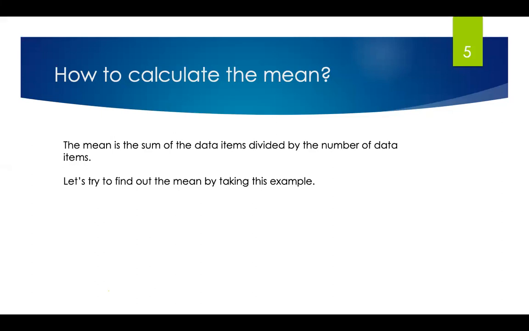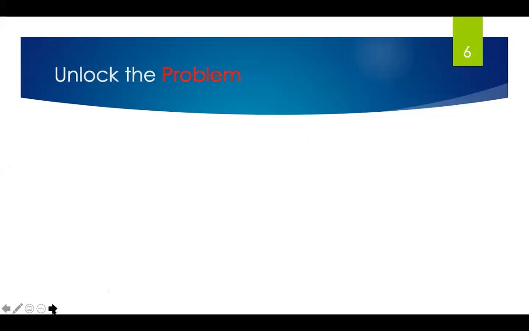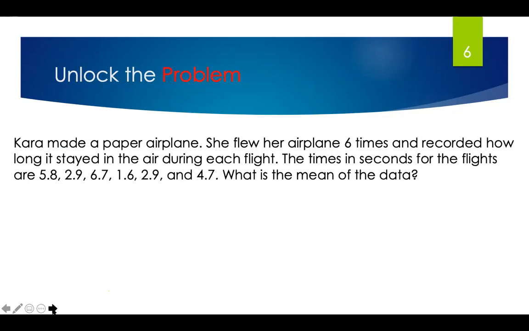I have the sum, just like what I say. Suppose I have 5 numbers, okay? One of them is 1, 3, 7, 8. So adding all the numbers together, that would be the sum of the data. And then telling how many values I have, that would be the number of data. Let's try to find out the mean by taking this example. It's very simple.